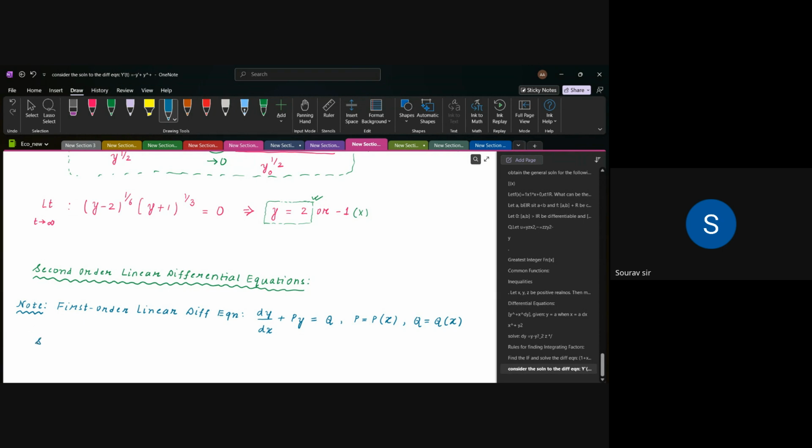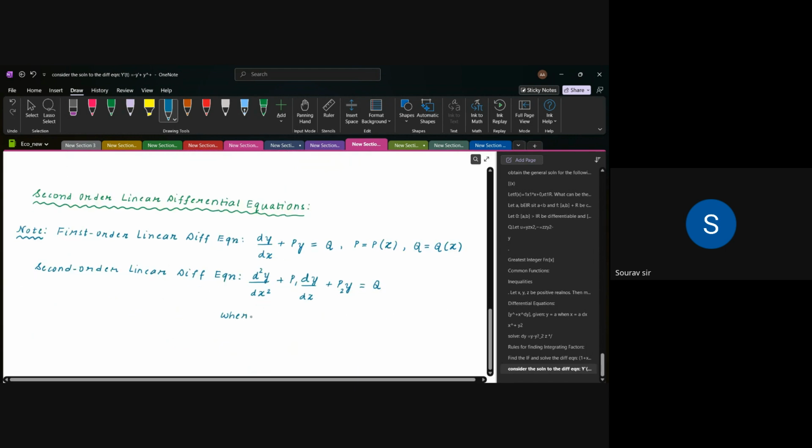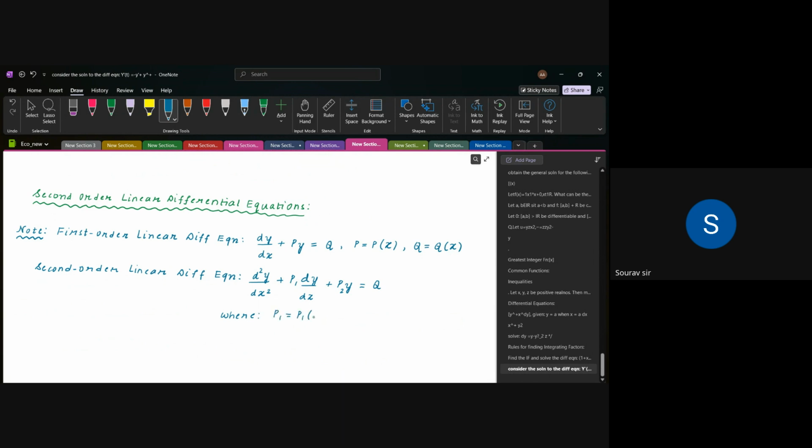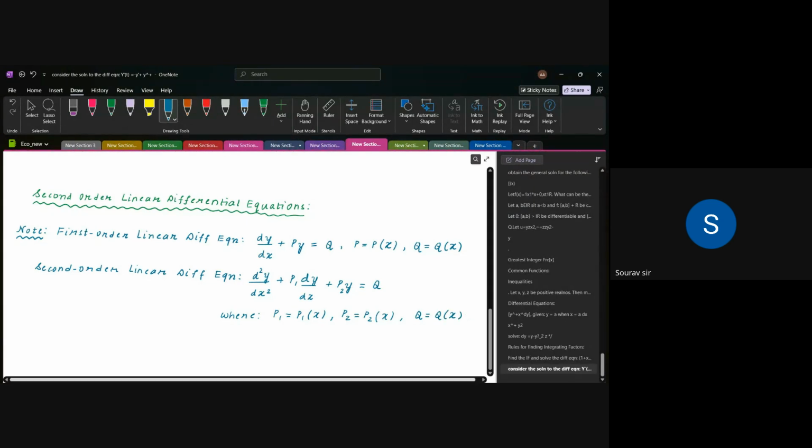So the second order linear differential equation will be d2y by dx2 plus p1 dy by dx plus p2y is equals to q, where p1 is some function of x, p2 is also some function of x, and q is also some function of x.